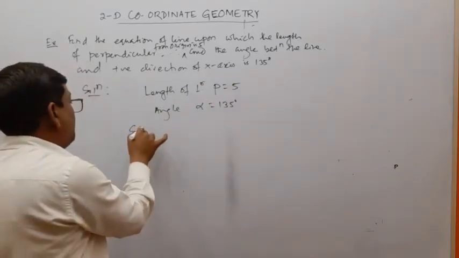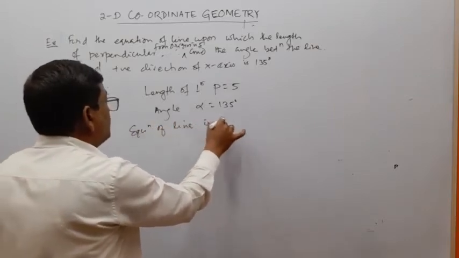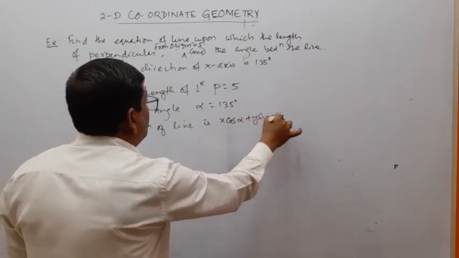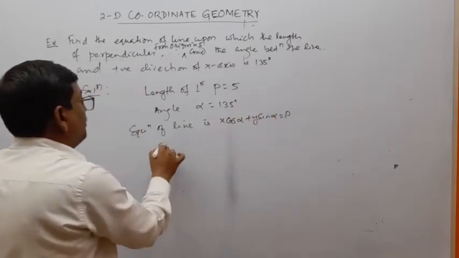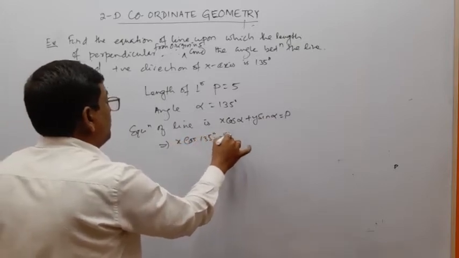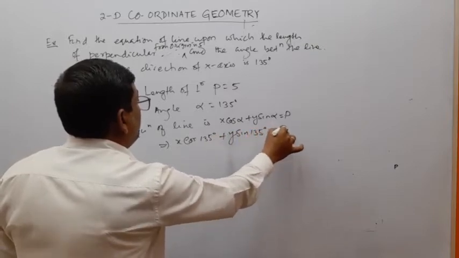The equation of line is x cos alpha plus y sin alpha is equal to P. So x into cos 135 degrees plus y into sin 135 degrees, with P equal to 5.